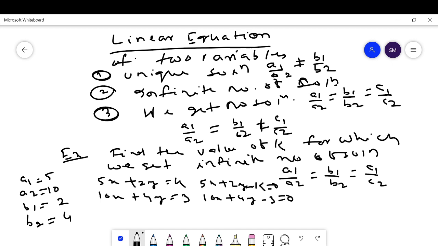Then c1 is the constant in equation 1, and c2 is the constant in equation 2.